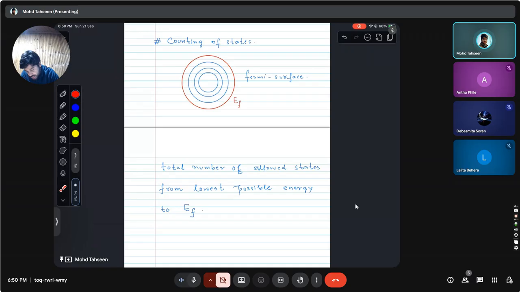And how I can do that is if I consider this entire thing to be a sphere, and then divide by, let's say, the volume of 1. Let's say I treat the entire thing to be a sphere and then I divide by the volume of this.